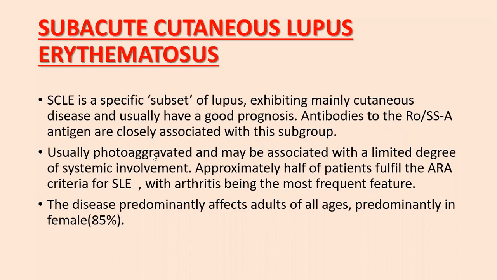It is usually photoaggravated and associated with a limited degree of systemic involvement. Half of patients will fulfill ARA criteria of SLE, and arthritis is the most frequent feature seen in subacute cutaneous LE. Again, like SLE, it is predominantly seen in females.